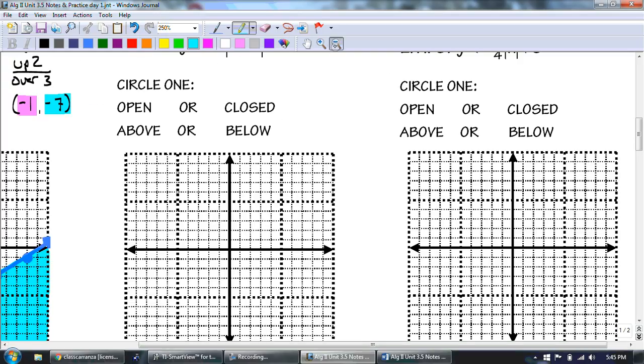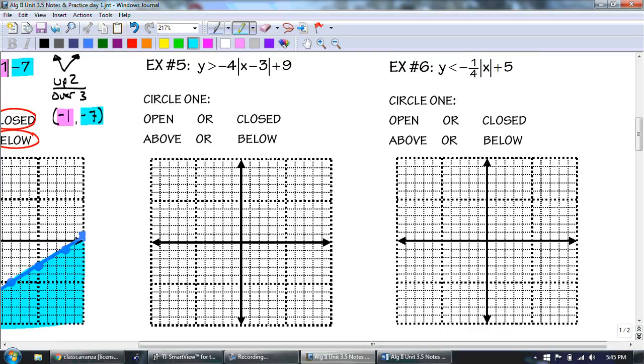All right, so first thing we do is we are going to look at the inequality because that's going to tell us if it's open or closed. And yes, it's open. Above or below. It's greater than, so that means above. And now we write everything else.